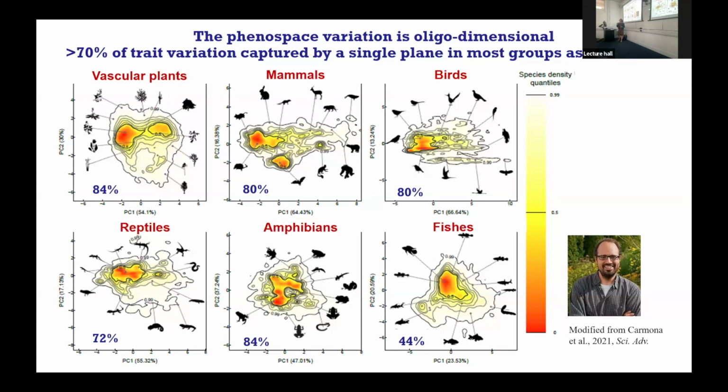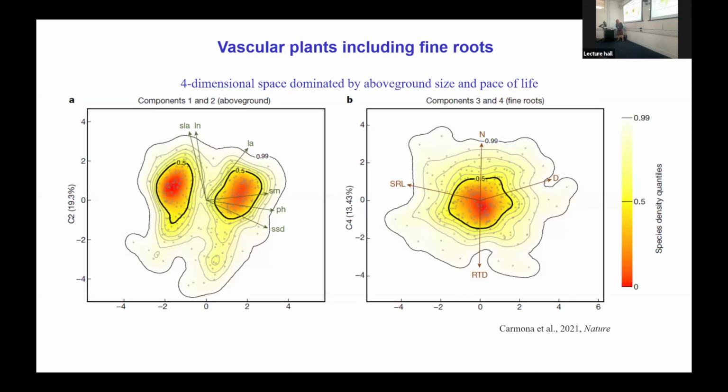More recent work by more or less the same constellation of people reinforced these findings. This is the work by Carlos Carmona and a bunch of colleagues, including myself. What we did here was to add fine root traits to the global spectrum of plant form and function.